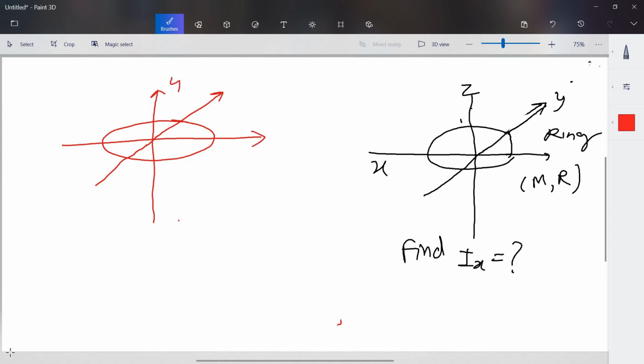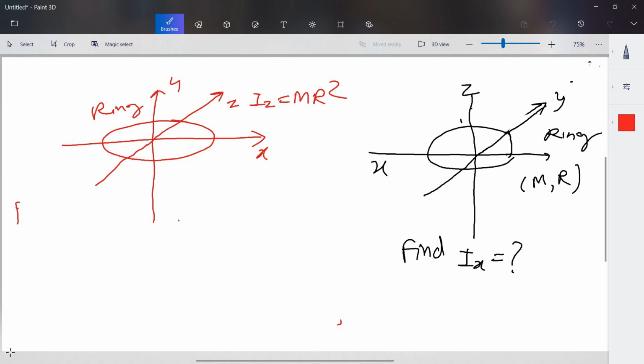We know for the moment of inertia about this z axis, Iz equals mr square for this ring. Okay, we know mr square.